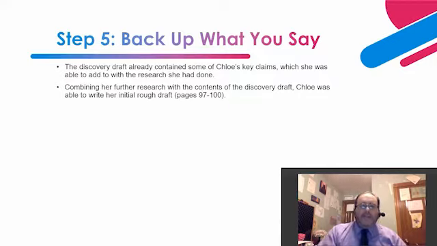So combining her further research with the contents of the Discovery Draft, Chloe was able to write her initial rough draft, which is reproduced in the textbook. I'm not going to read the whole thing, but it runs from pages 97 to 100. Okay? And it's a draft essay titled The Ever-Changing Norms About College in the United States. So what I'm going to do is let you guys take a few minutes to read this essay.